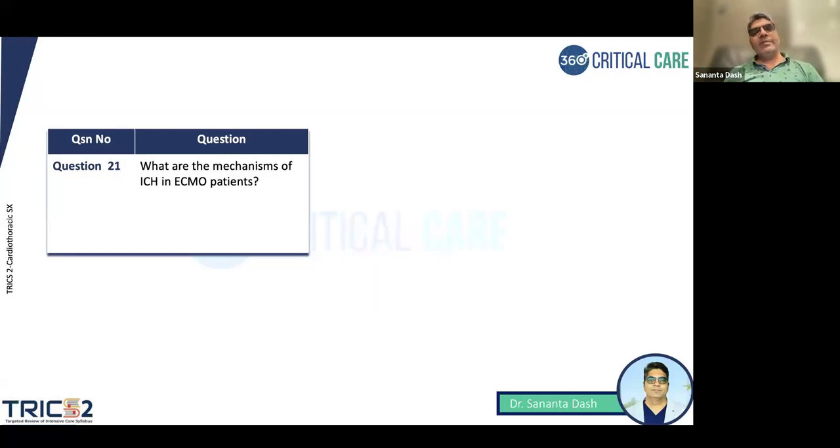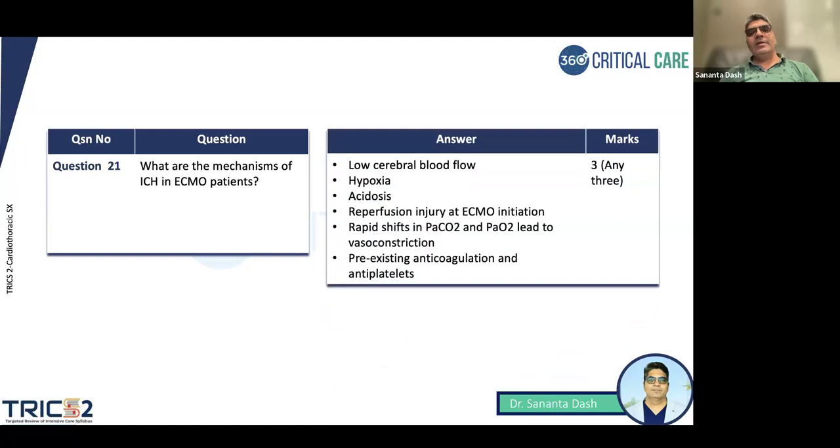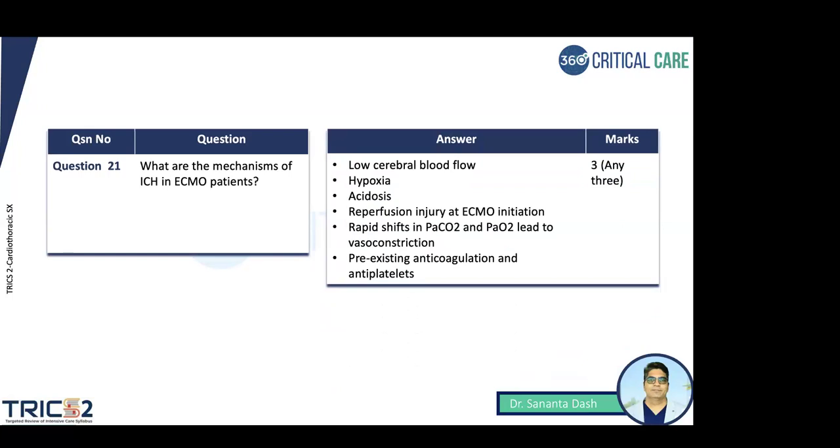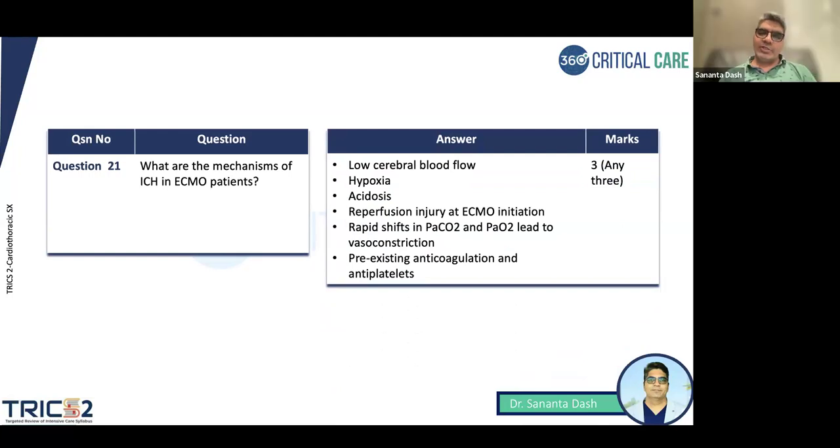What is the mechanism of intracranial hemorrhage in ECMO patients? First of all, low cerebral blood flow. This is the proposed mechanism. Hypoxia can cause that. Acidosis can cause that. Reperfusion injury after ECMO initiation can cause it. Rapid shifts of gases like PCO2 or PO2 can lead to vasoconstriction or acute vasodilatation, which can cause it.